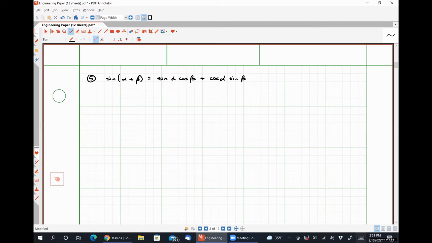So this trig identity and the next several that we introduce will help us deconstruct and reconstruct sinusoidal signals into easier parts to digest and play around with. Trig identity number 6 is cosine of alpha plus beta is equal to cosine alpha cosine beta minus sine alpha sine beta. That is not a mistake on that minus sign in the middle there.